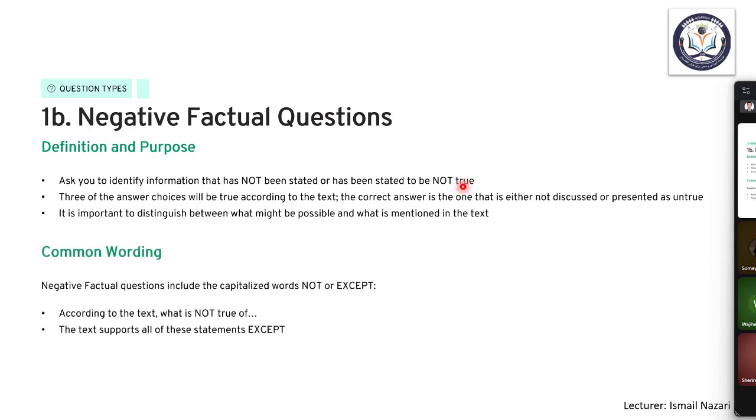Now, the common wording that is used in negative factual question would be using the word either not or except. We may have these two, and they're commonly capitalized. So negative factual questions include the capitalized words not or except.